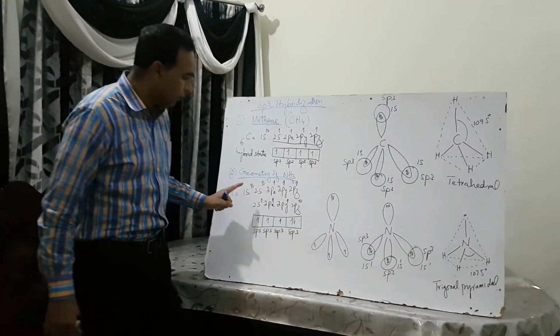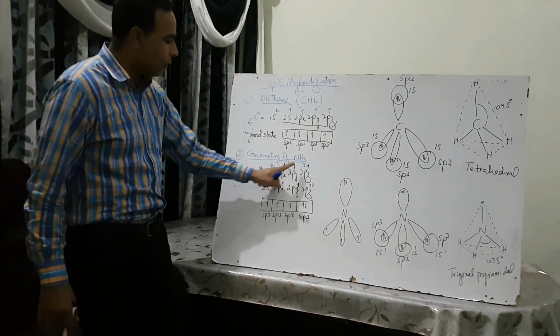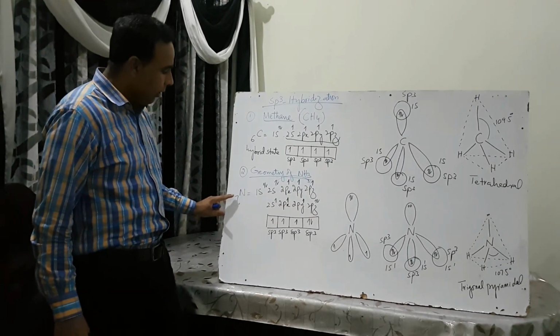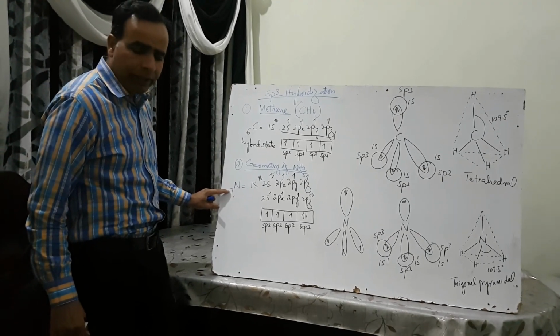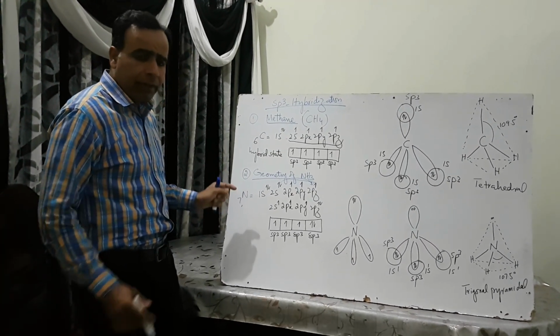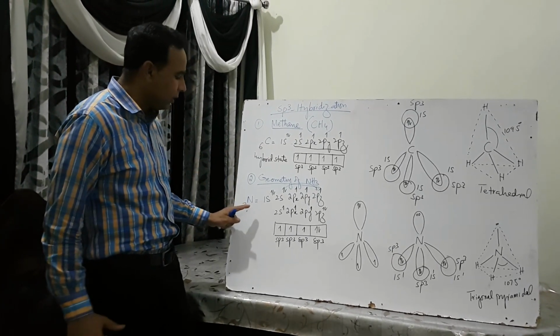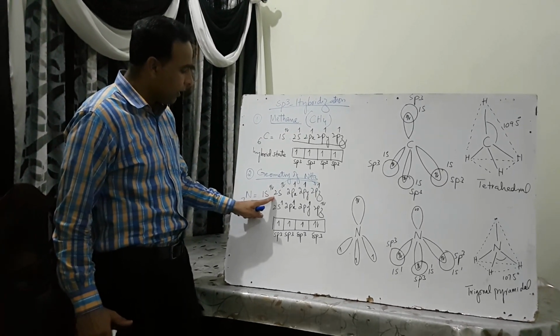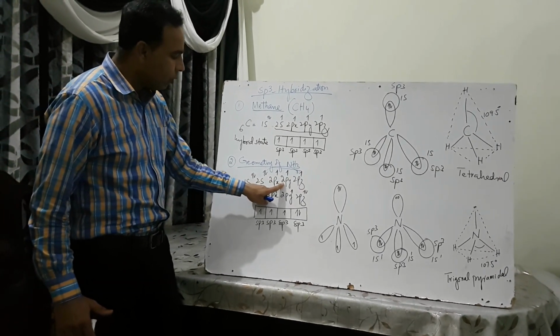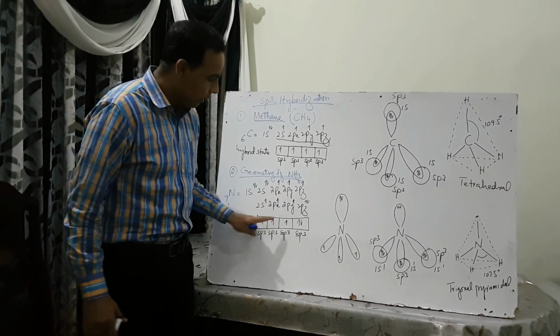Now the second structure is the geometry of the ammonia molecule. In the case of ammonia, nitrogen has 7 electrons; the atomic number of nitrogen is 7. Its electronic configuration is as follows: 1s2, 2s2, 2px, 2py and 2pz.